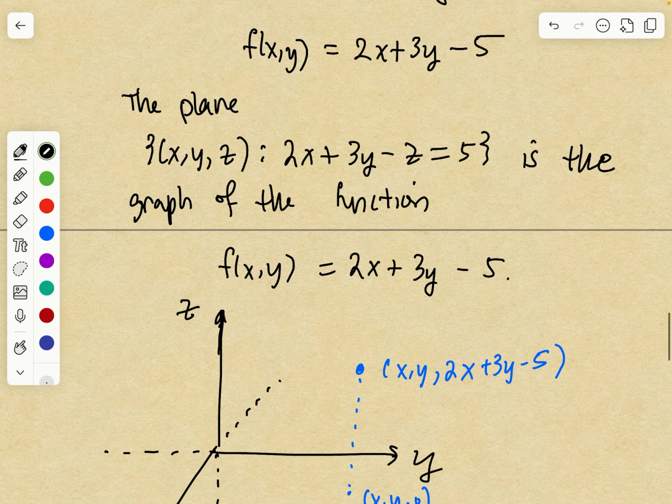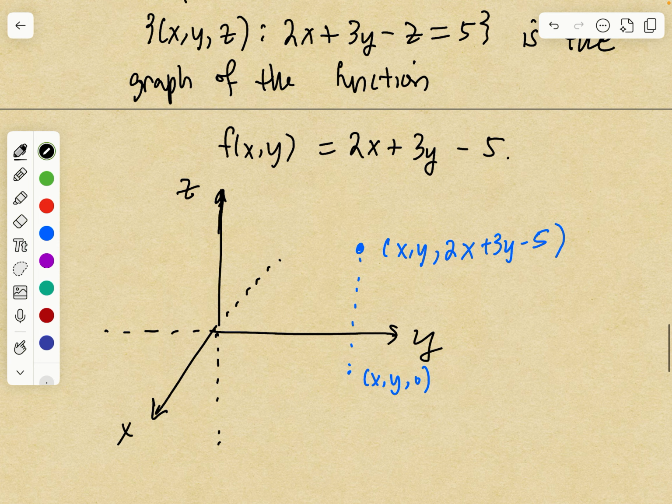I have a normal vector 2, 3, negative 1, right? So let's just plot a point. Let's say you plug in 1 comma 2. You're going to get 2 plus 6 minus 5, which is 3. So you get this point 1, 2, 3.